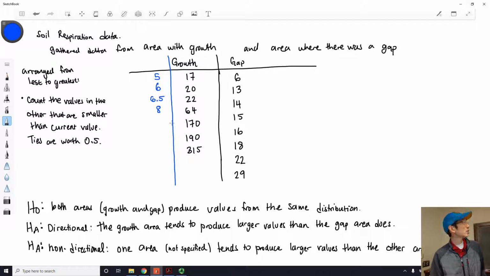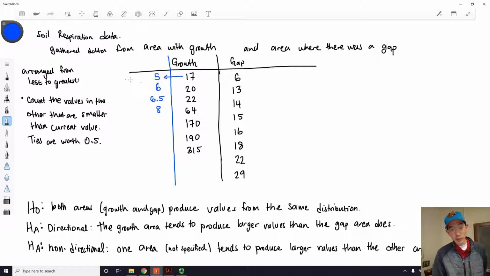All right, and then I do the same. Is this confusing? Okay, so I'm going for each value here. For each value, I count how many values in the other column are smaller, right? So 17 becomes 5.